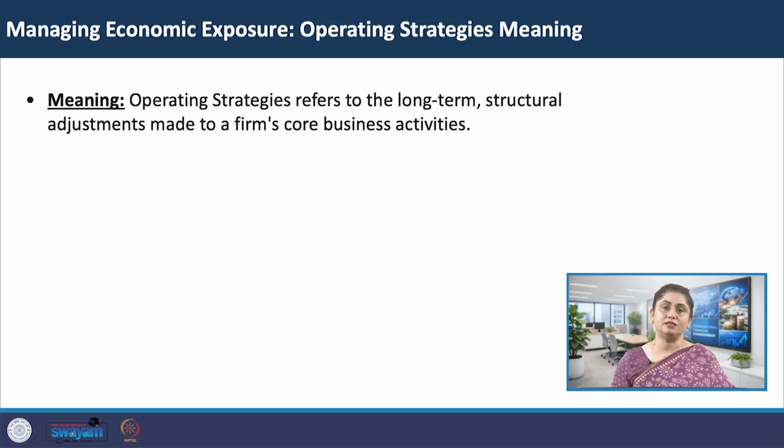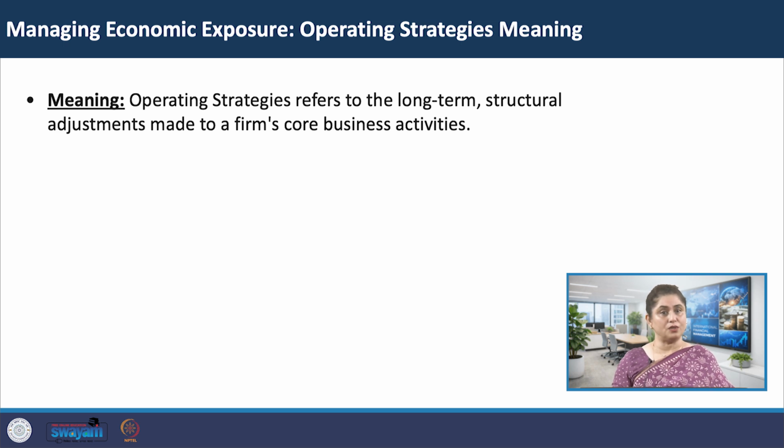Before we study each strategy individually, let us understand what operating strategies actually mean in this context, because this slide gives us the definition and the core logic. Operating strategies are long-term structural adjustments made to a firm's core business activities.